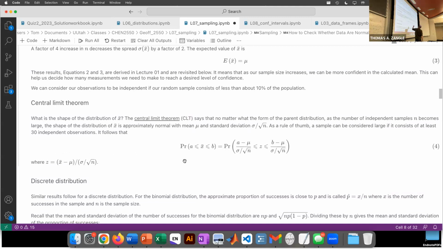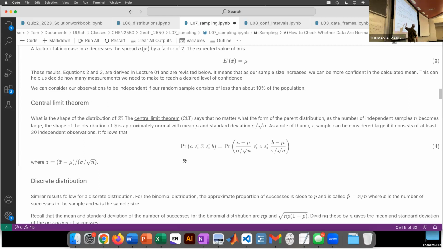The central limit theorem says that no matter the form of the parent distribution, no matter what the underlying PDF looks like, as we increase the number of samples that we're taking, the distribution of the thing that we're looking at becomes approximately normal. So in application to this specific example, we should get a normal distribution as the number of samples goes to infinity.